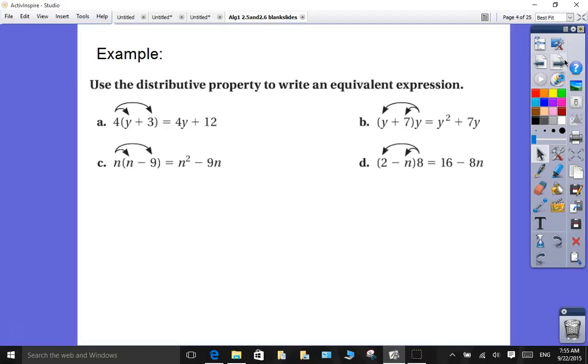Because what does it mean to square something? We multiply it times itself. So when we multiply the n times n, we get n squared. When we multiply the n times negative 9n, we get minus 9n. Same way up here. Now we're multiplying by the y on the right. But again, when you do y times y, it's y squared.